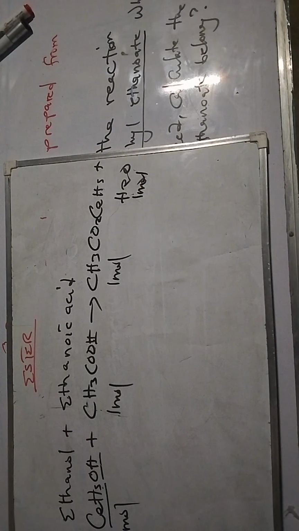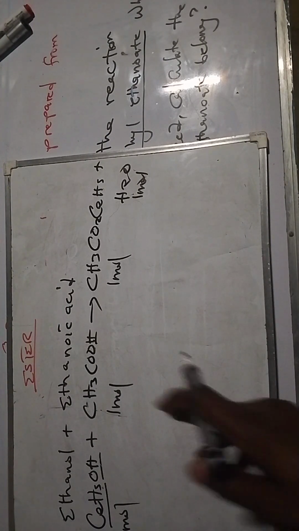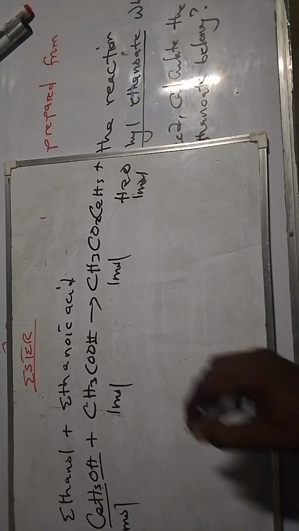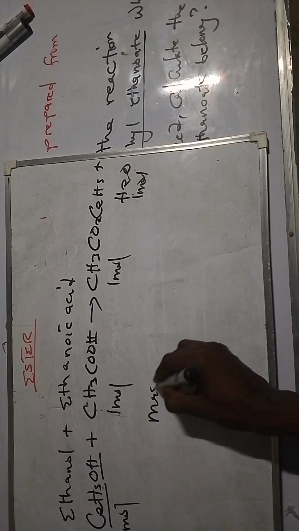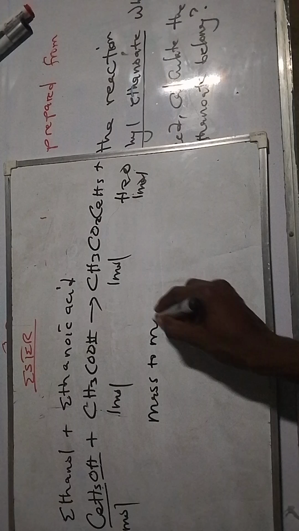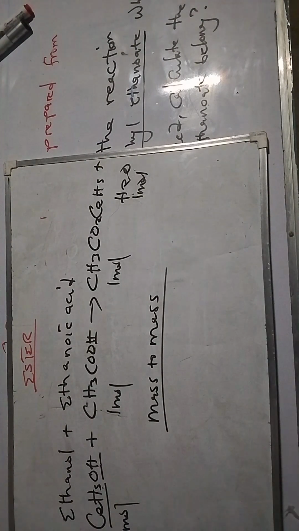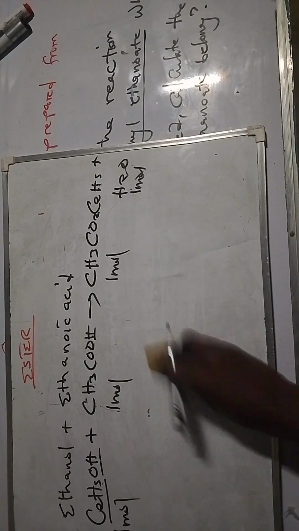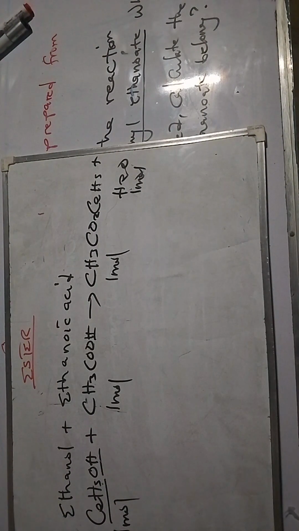So under more concept, if they are saying to calculate the theoretical yield, they are talking about what we call mass to mass calculation. Under mass to mass calculation, the first thing is you need to identify two parts which are going to equate to each other.